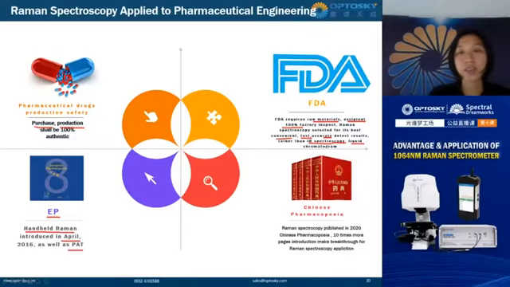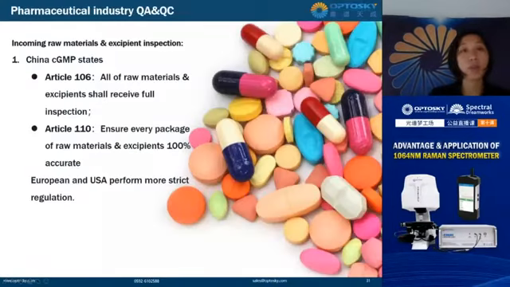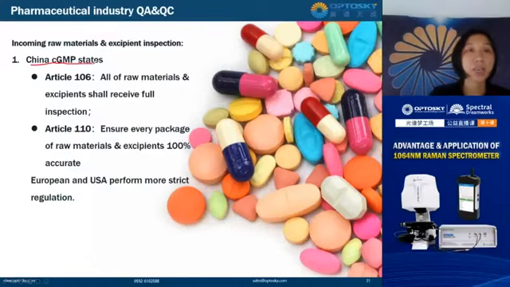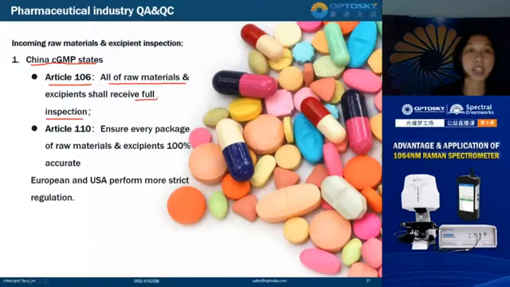And this is the China pharmacopoeia. The introduction is published in these years. Compared to before, the China pharmacopoeia has 10 times more pages for Raman spectroscopy application. You see that in China CGMP, in article 106, all raw materials and excipients should receive 100% inspection.